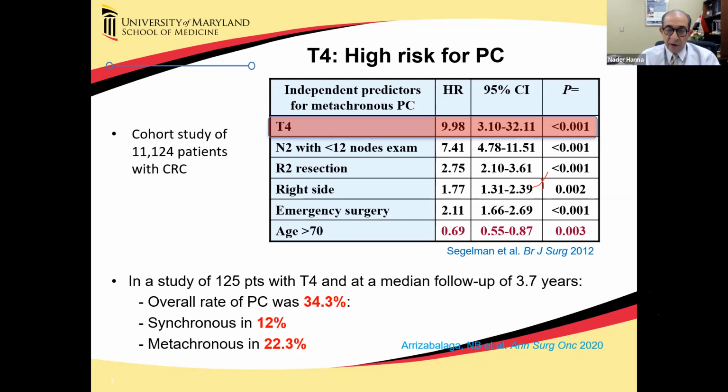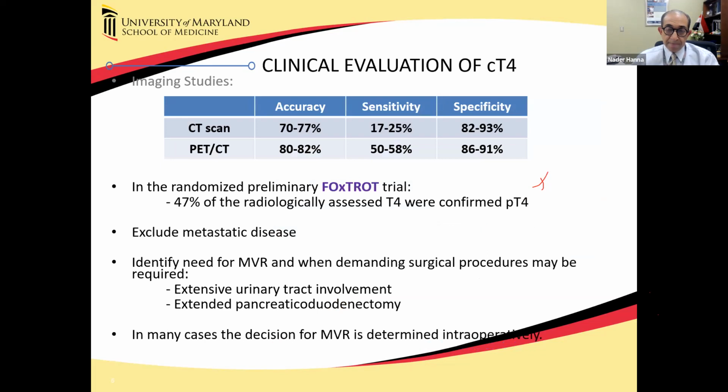This was found at the time of principal operation or diagnosis, or synchronous, in about 12% of cases, and subsequently patients developed metachronous carcinomatosis in about 1 out of 4 patients, or roughly 23%. So clearly T4 is associated with a much higher risk for developing peritoneal carcinomatosis.